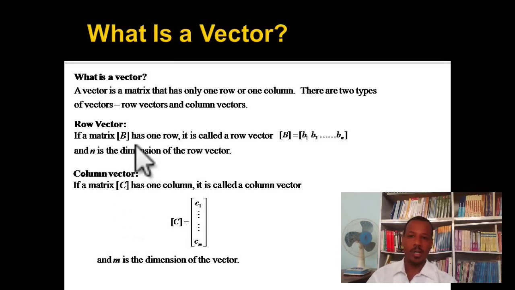If a matrix B has only one row, it is called a row vector. That means a matrix with exactly one row is said to be a row vector, and a matrix with exactly one column is said to be a column vector.